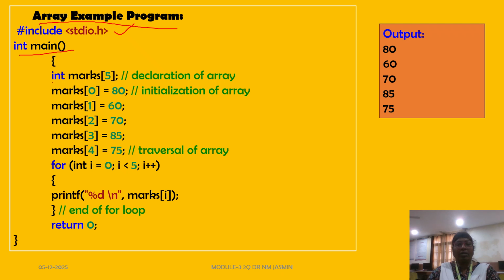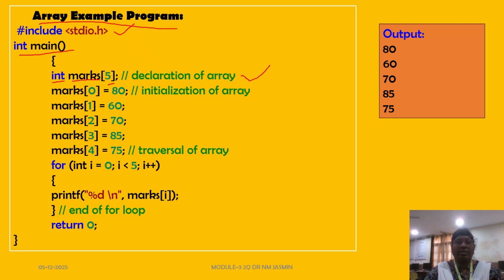Now here write the syntax: int marks is the array name, int is a data type, and here is the number of elements. Okay, how many elements should that array have? The array should have 5 elements here. So now declaration completed.